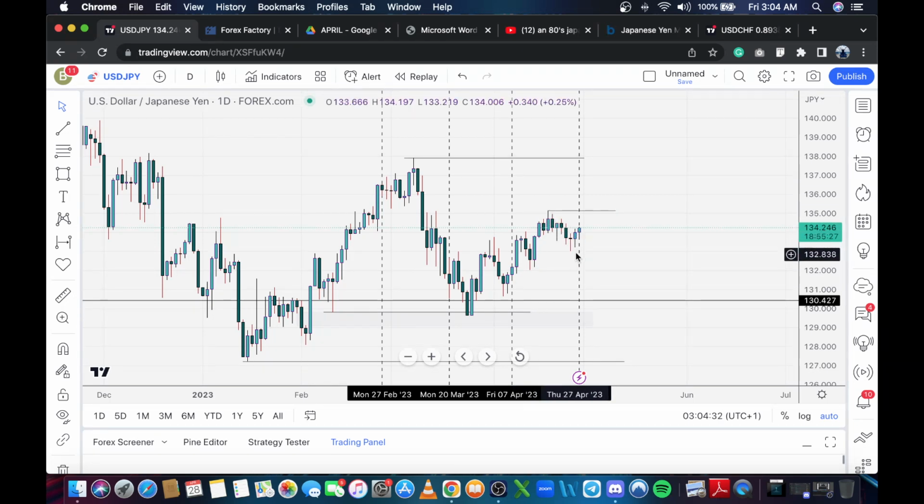Now, if we traded above this here, now we're trading outside our data set within the last 20 days, so this becomes null and void. So what do we do? We go back 40 days. Is there any data set we can reference up here in the last 40 days? No. Why? Because the data set within the last 40 days, they're all at discount. So we have to go back out again to the last 60 days.